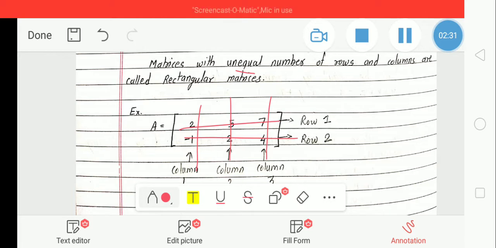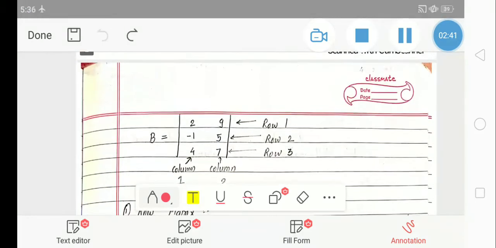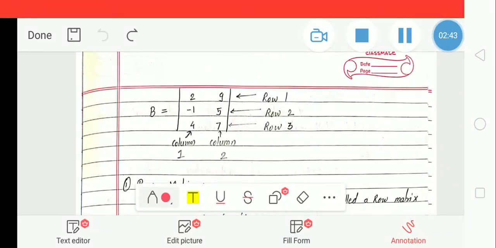So this is a rectangular matrix. Another example is B equal to 2, -1, 4, 9, 5, 7. Same here, there are 3 rows and 2 columns. So here also unequal rows and columns, and this matrix is also a rectangular matrix.